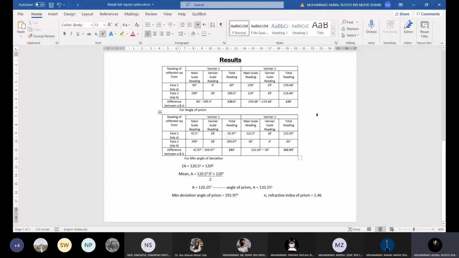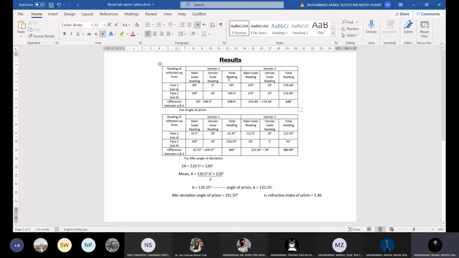First is for the angle of prism, and the second one is for the minimum angle of deviation. In this result, there are three parts, which are main scale reading, vernier scale reading, and total reading.